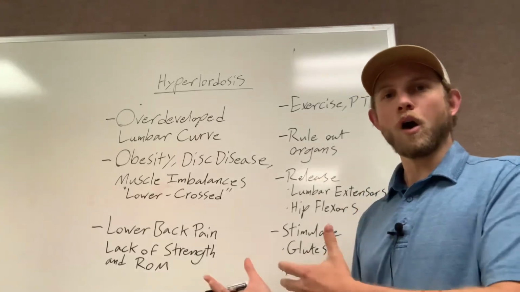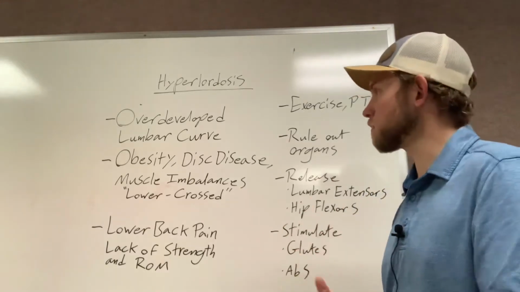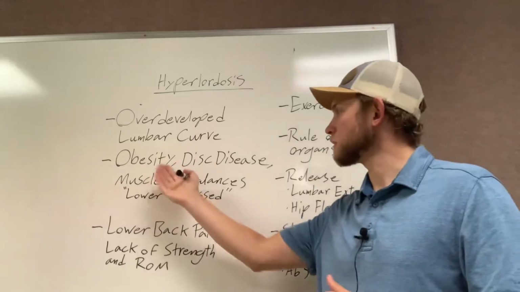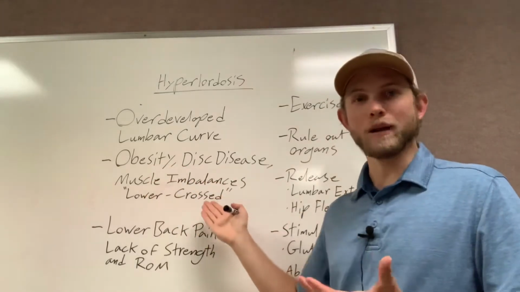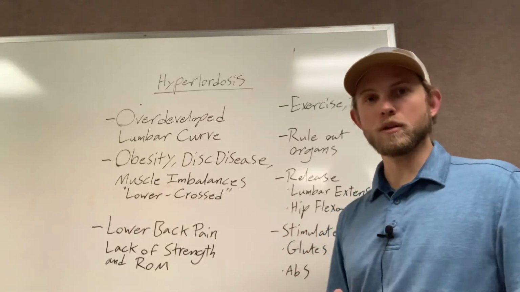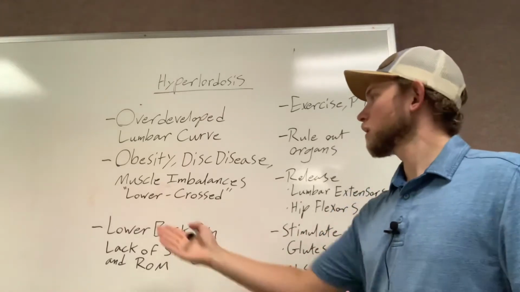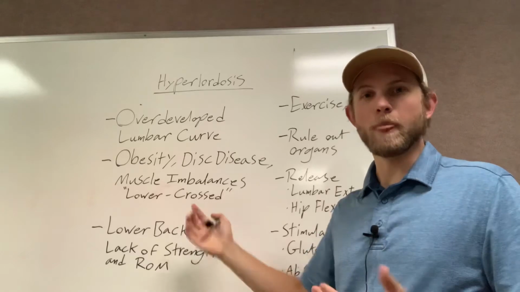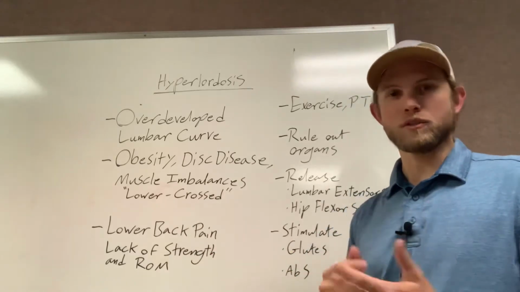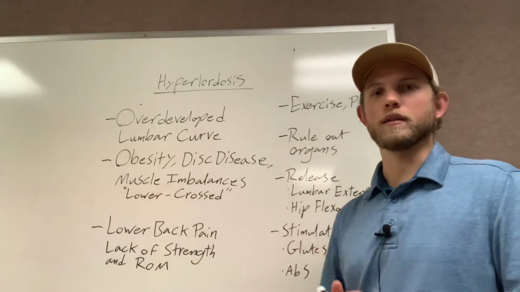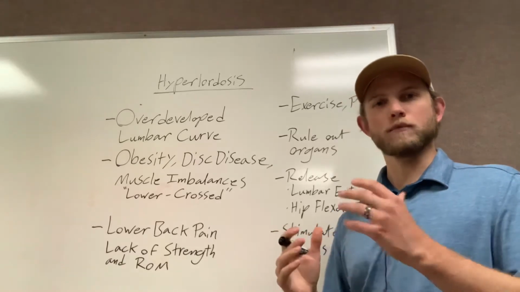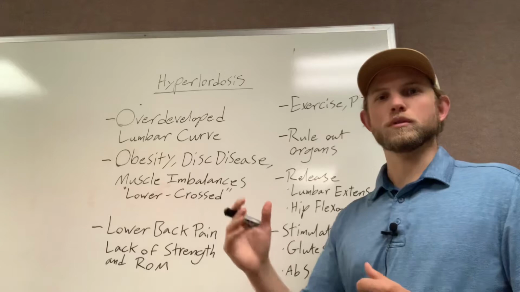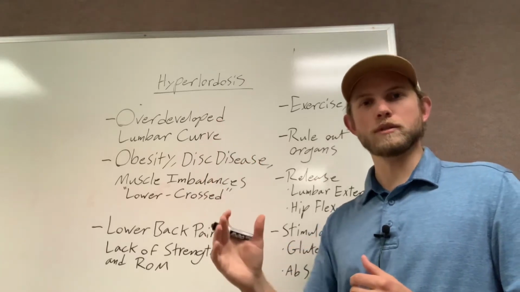Usually, what will cause this curve to occur for people are conditions like obesity, disc disease, and most importantly, muscle imbalances, which for us as massage therapists, we have frequently called lower crossed syndrome, as it was coined years ago by Vladimir Janda. This denotes a muscle imbalance where people will have shortened hip flexors in the front and shortened spinal extensors in the back.